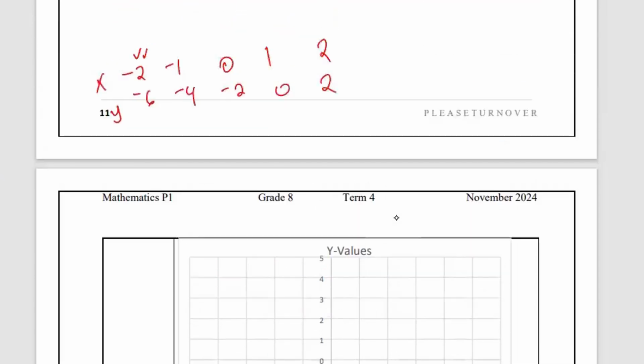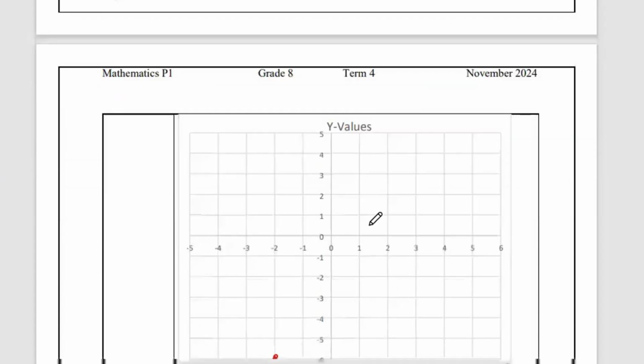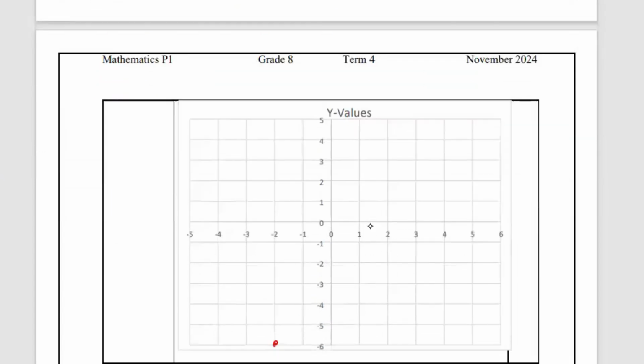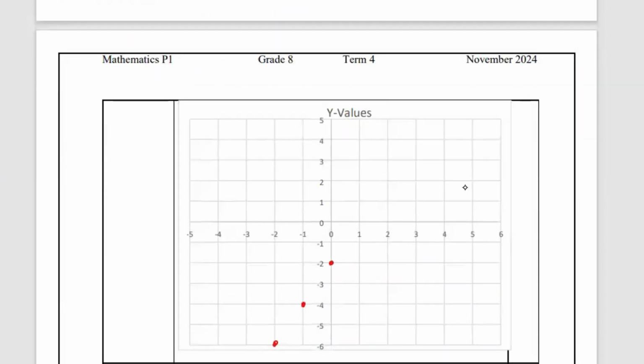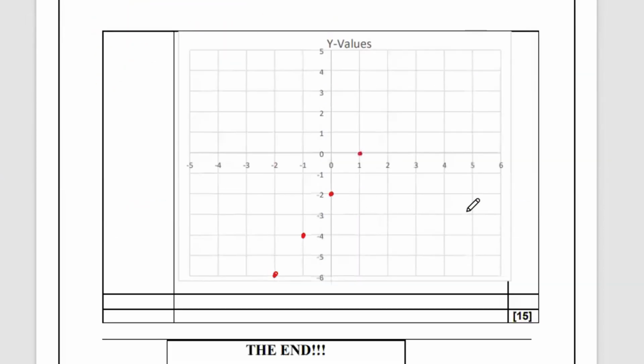Then we move on to -1. -1 for x goes with -4 for y. So -1 for x, -4, which is that. And then 0 is going to go with -2, which is this point here. And then we have 1 that's going with 0, which is that point. And then lastly, 2 is going with 2. So 2 for x and 2 for y, where their lines meet.